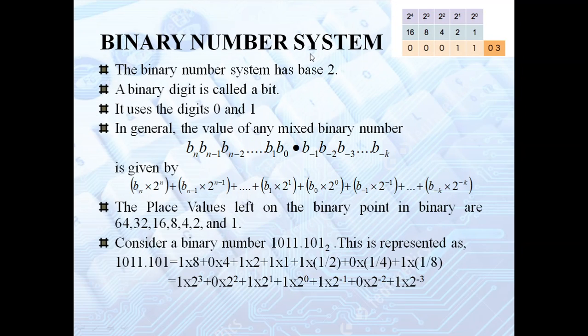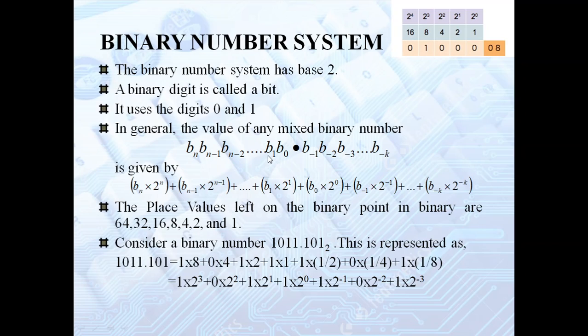Binary number system. It has two digits, 0 and 1, with base 2. A binary digit is called a bit. In general, the value of any mixed binary number can be written as this equation. Here, the first binary integer position before the binary point is multiplied by 2 power 0.